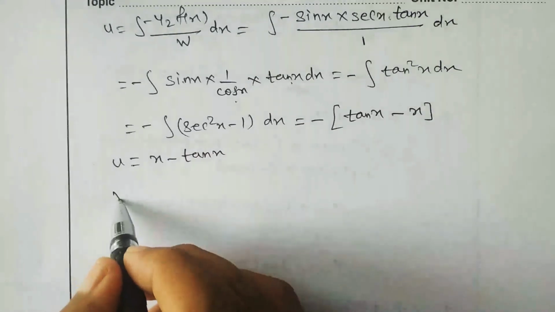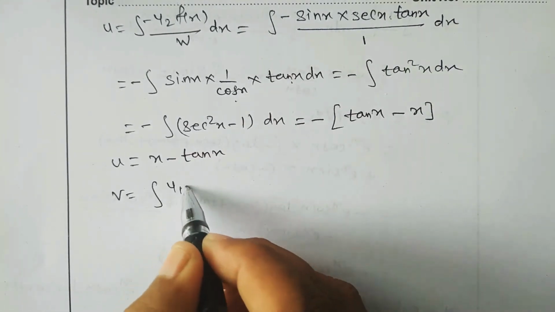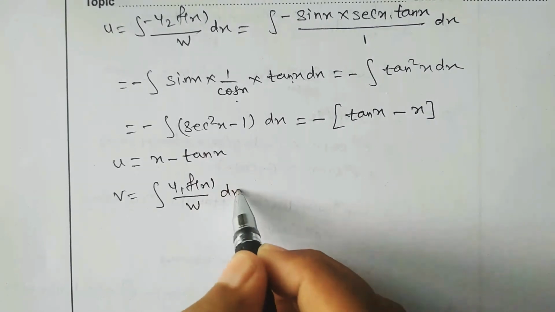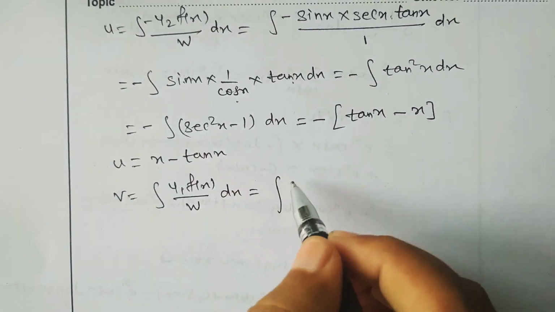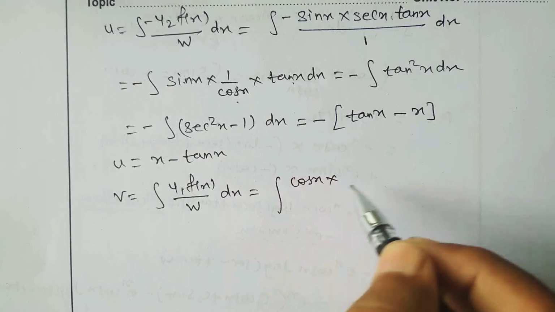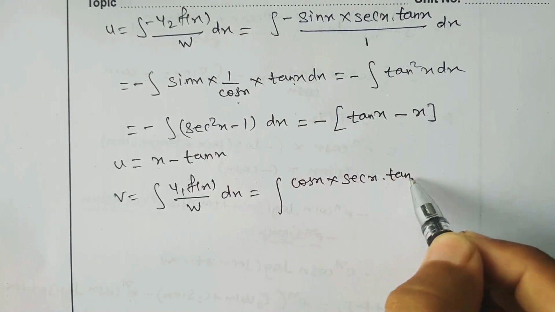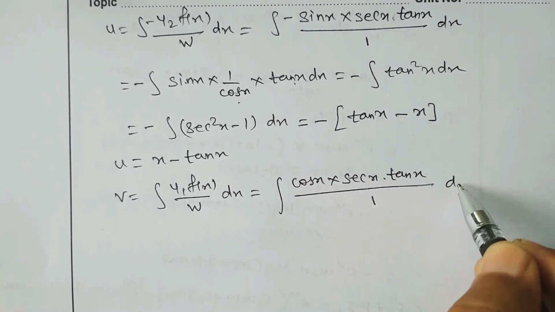Then v equals, by the formula, integration of y1 f of x upon w dx. This is equal to integration of y1, which is cos x, f of x, which is sec x into tan x, upon w, which is 1, dx.